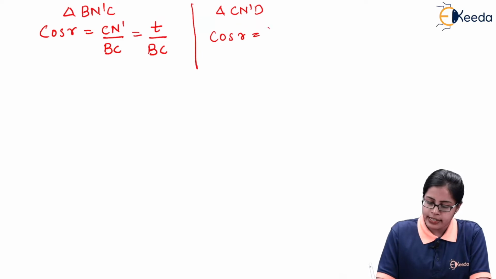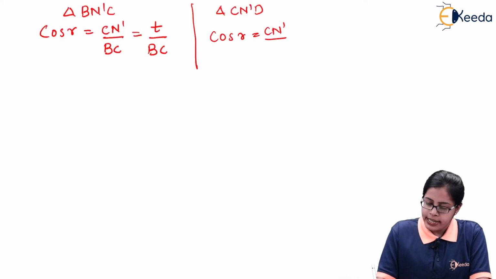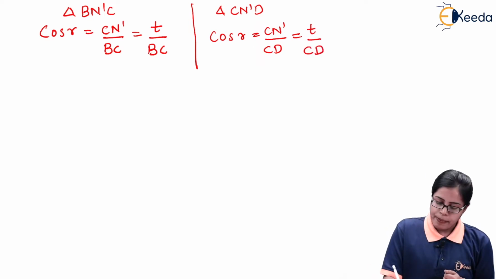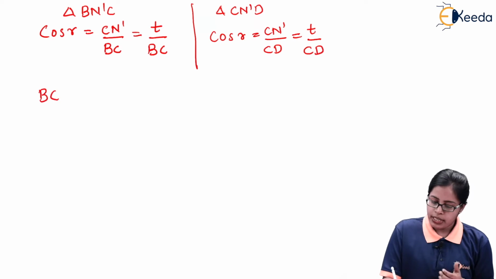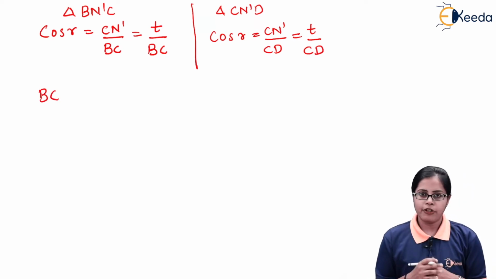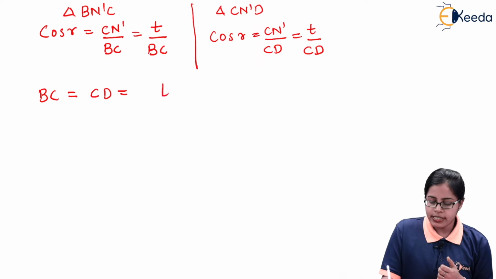The adjacent is again CN', but the hypotenuse is going to be CD, so cos R is T by CD. If you look at both the equations and rearrange them, we can get the values of BC and CD. BC as well as CD is going to have the same value, that is T by cos R.